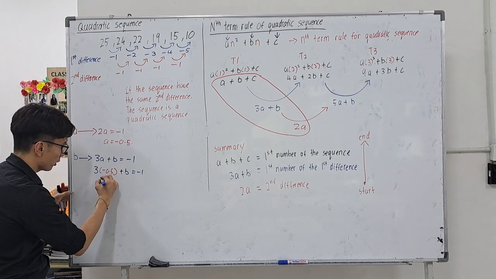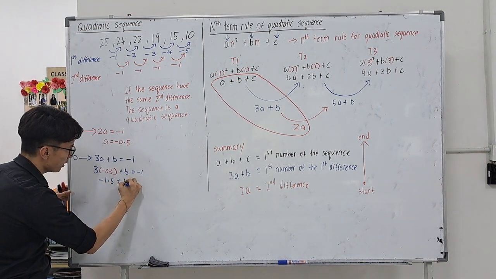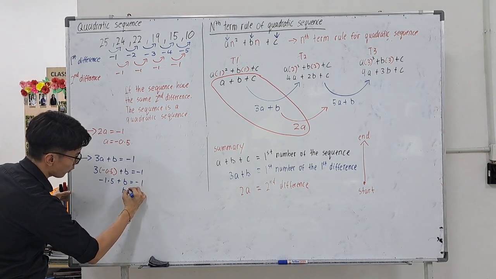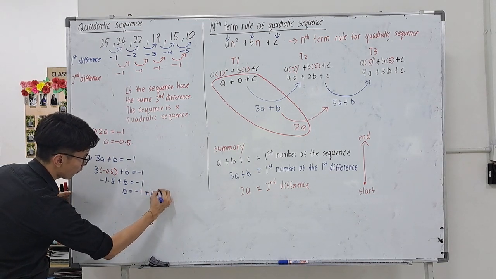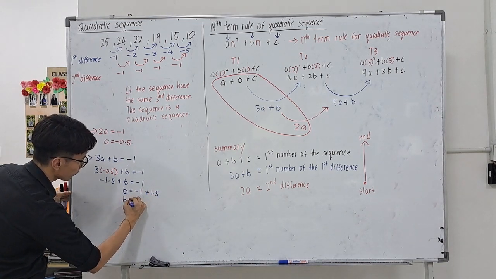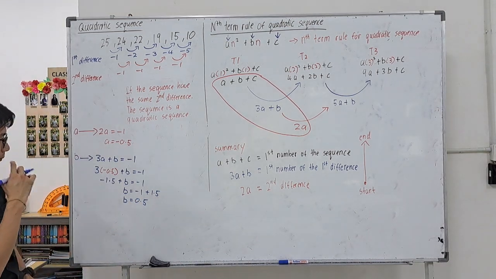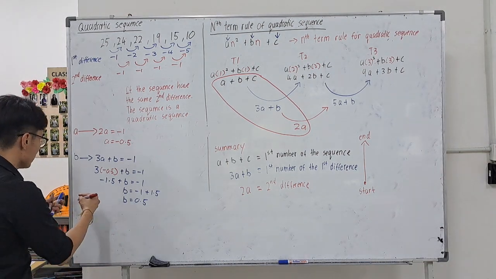Expand this, I should get -1.5 plus b equals -1, and b equals -1 plus 1.5, which should give you 0.5 over here.